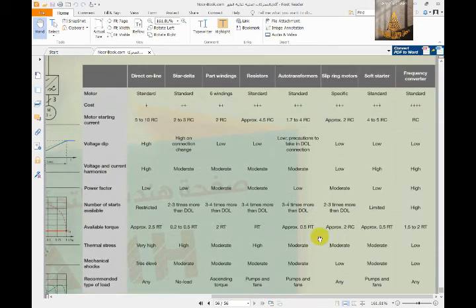Let's see another comparison according to other things between these types: direct online, star delta, part winding. Part winding is not for all motor types.